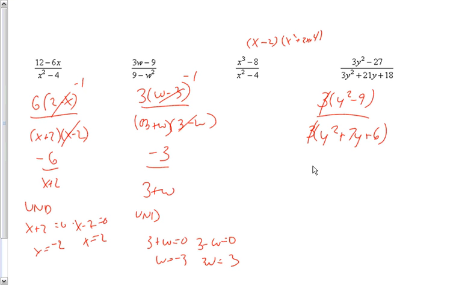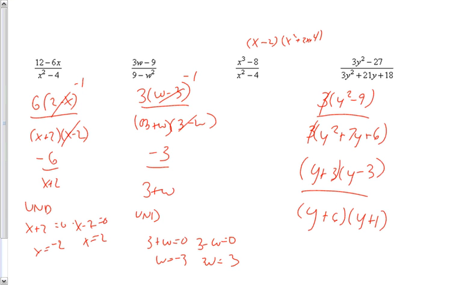So, top factors are y plus 3, y minus 3. Well, the bottom does factor as well. y plus 6, y plus 1. Alright? If you look, you can't cancel. People try and cancel the y's out. Can't do that. We're just stuck with this, actually. The only thing that canceled out was the 3.